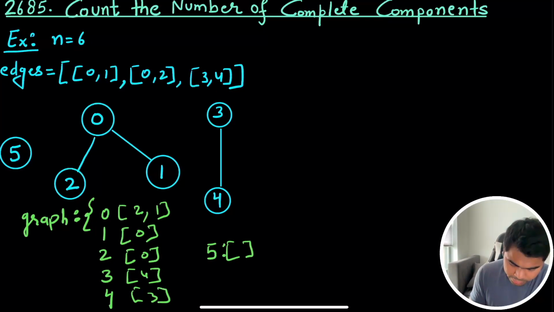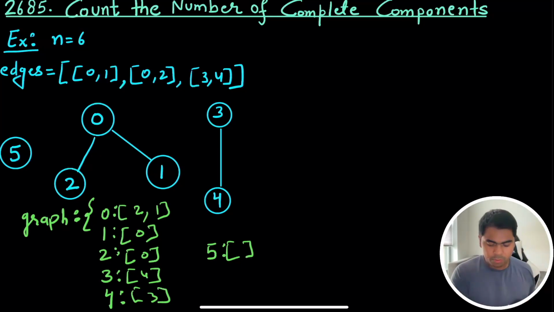All right, so it is empty, although it is connected to itself, but we will make sure that we are considering a single node itself, because it is connected to itself and it will be part of our value. So when we count the complete components, it will be part of our value.